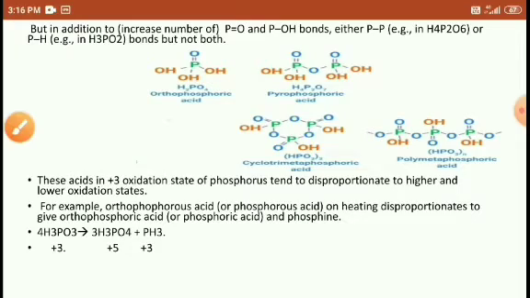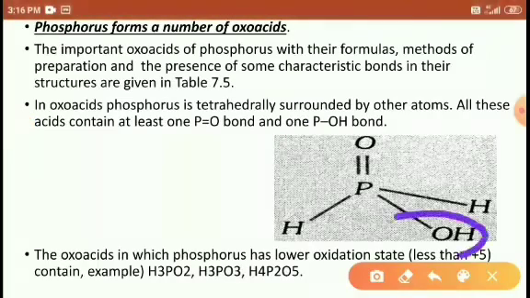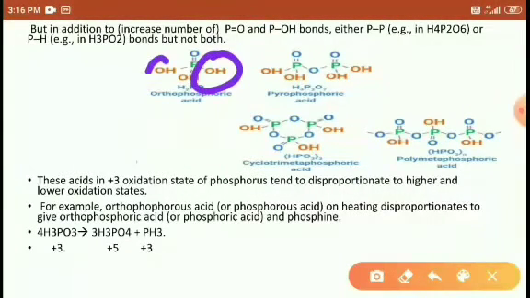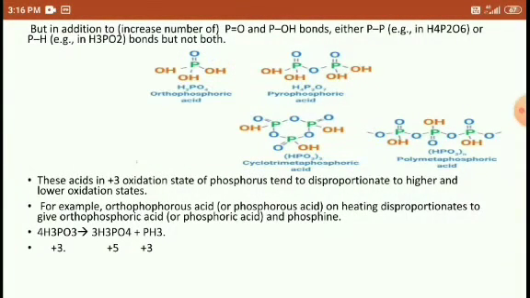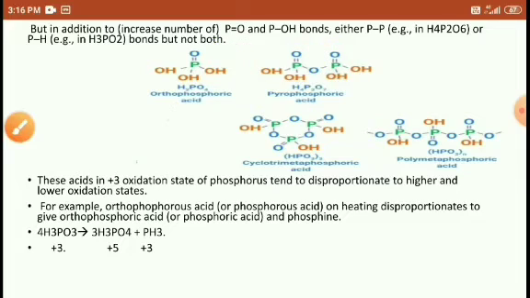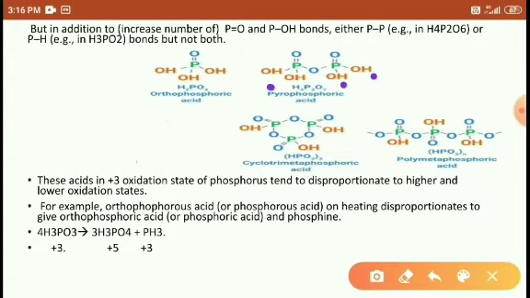In the previous example there was only 1 such group, but here the oxoacids have 3 OH groups. It means a high number of OH groups is present here. The P=O group is repeated 2 times and the OH group is also repeated here, right?